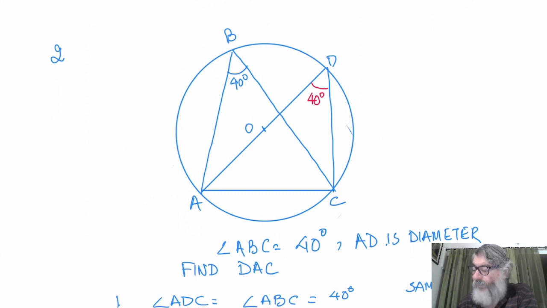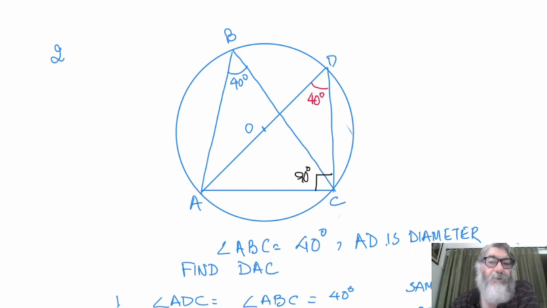Angle in a semicircle is a right angle, because AD is diameter. So this angle comes out to be 90 degrees, which is the angle I am writing. This angle is 90 degrees.